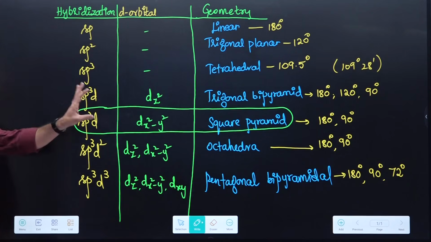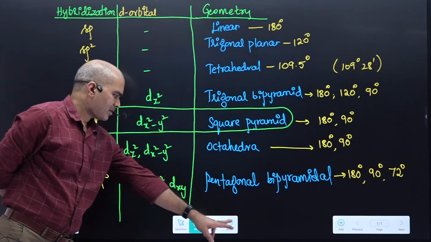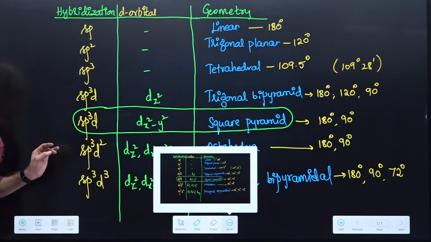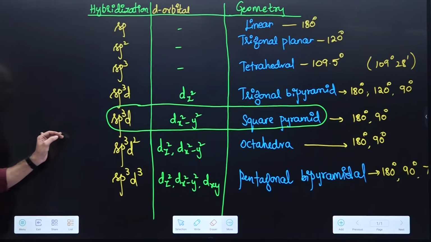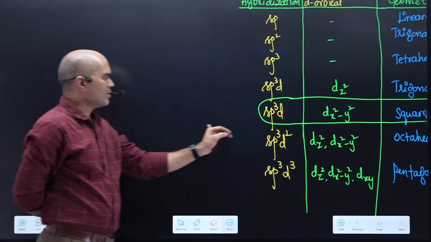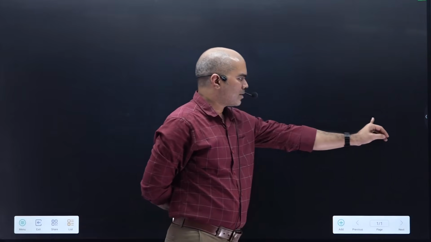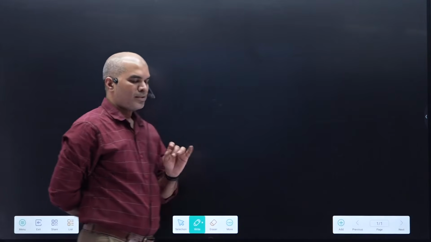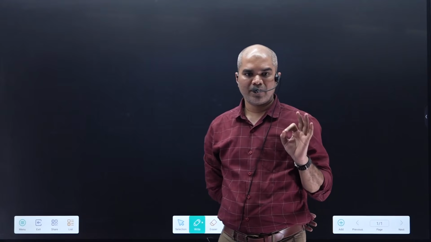I'll directly give you the parent geometries. You should just know what the different types of geometries are. I have written the bond angles. In some of the CSIR exams, they have asked how many edges are coming out from a given vertex for icosahedral geometry.